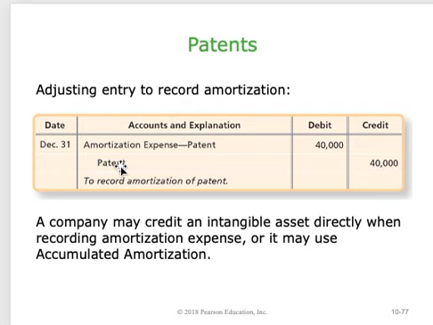But for patents, we do not do that, because when we expense a patent over time, the value of the patent goes away. At the end of the life of the patent, it's not going to be on your books anymore. What you're going to do is debit amortization expense for that patent, and credit the asset account called patent. It's a different way of doing that, but that's how we do intangible assets here. And it's telling you they may use an accumulated account. Most textbooks are just going to do it this way, what you're seeing here in the picture.